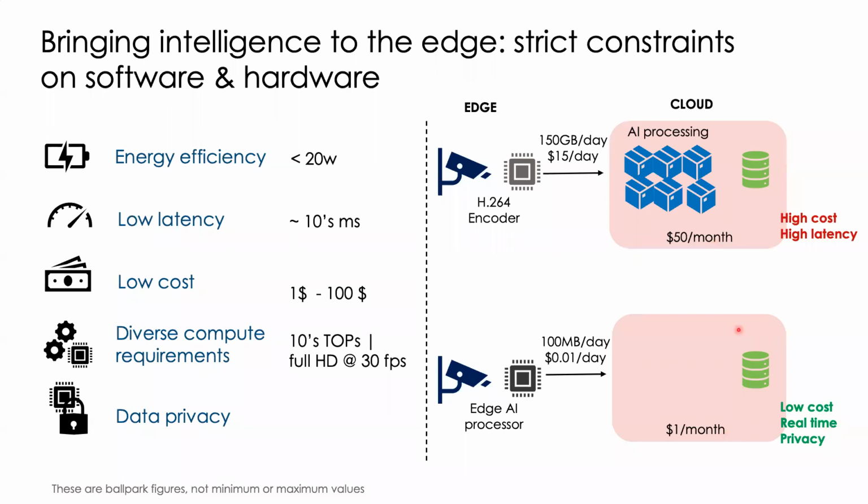In this case, it would be some 500x saving in the cost that you would bear per month. So essentially, you're bringing down your cost, you're bringing down your latency, so you have real-time performance.